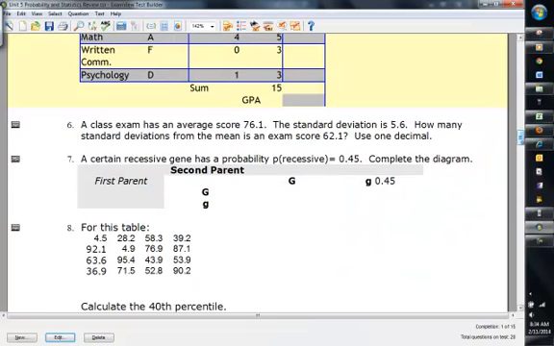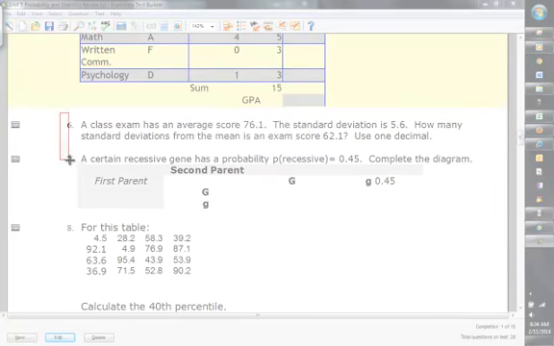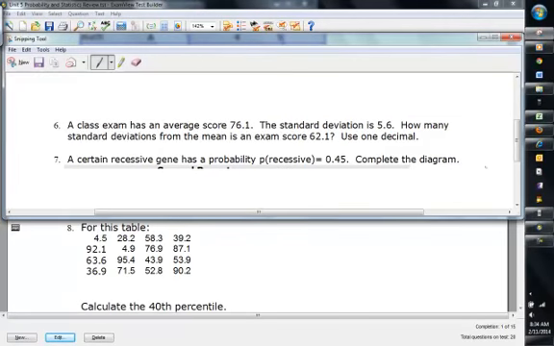A class has an exam average score of 76.1. Standard deviation is 5.6. How many standard deviations from the mean? So we're looking for the z-score, which is our score minus the average divided by the standard deviation. And in this case, it's 62.1 minus 76.1 divided by 5.6.